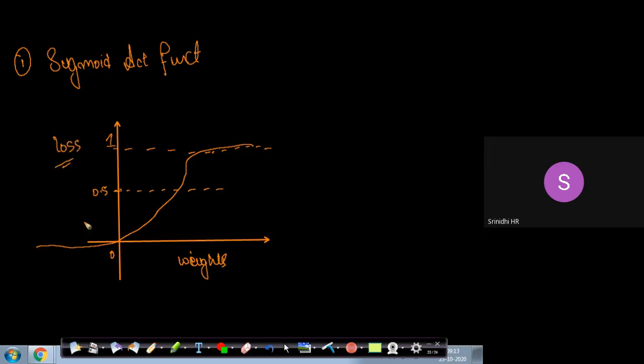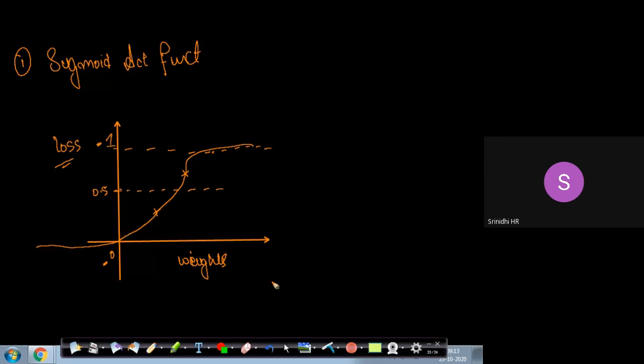Your sigmoid function always varies between 0 and 1, so 1 is the maximum value. Considering this curve, if the point exists above 0.5, it will be considered as 1. If the point exists below 0.5, it will be considered as 0.